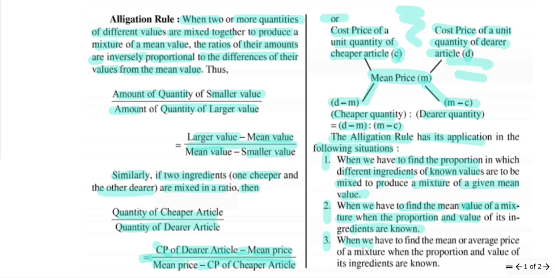Third, when we have to find the mean or average price of a mixture when the proportion and value of its ingredients are known. The third point we come across most of the time, where we are trying to find the desired price for the mixture. The first and second points also come up here and there, when we want to find the proportion or sometimes the mean value of the mixture. But most of the time, it is the price we want to get for the given mixture.